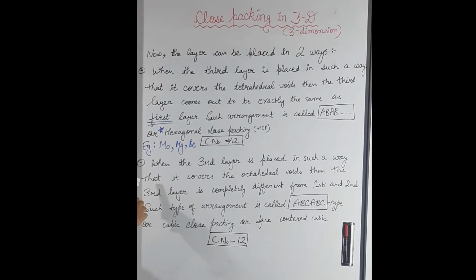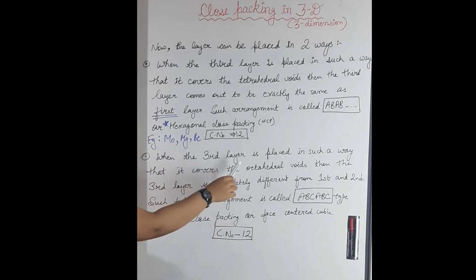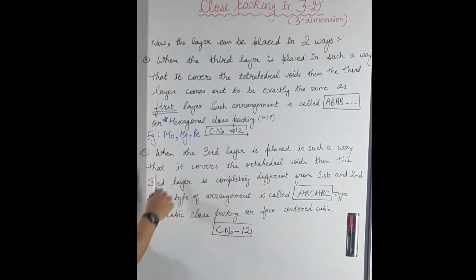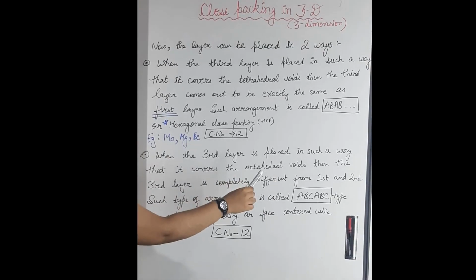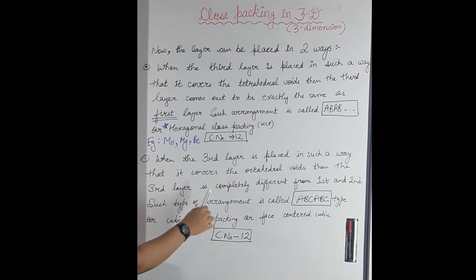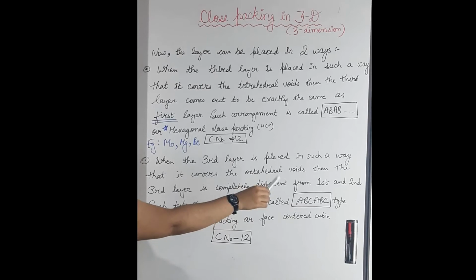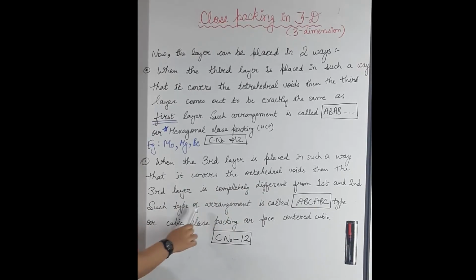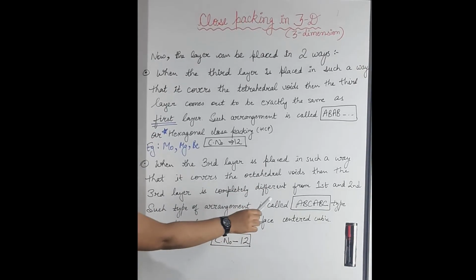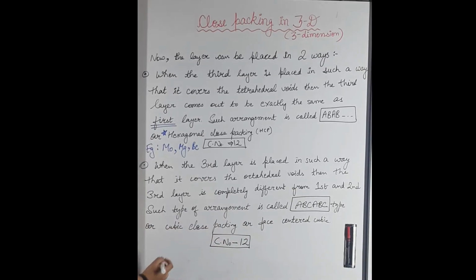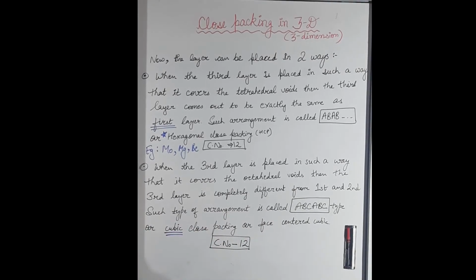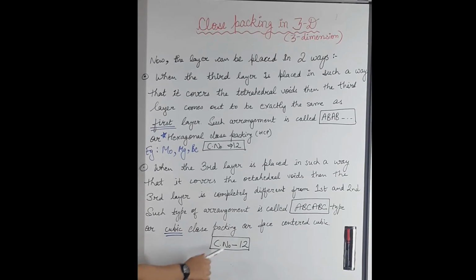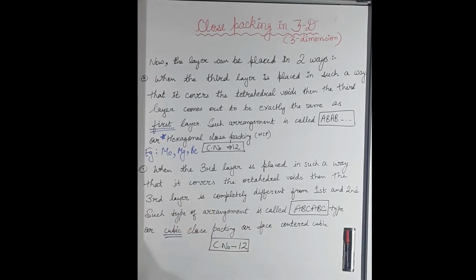And the second way is when the third layer is placed in such a way that it covers the octahedral voids, then the third layer is completely different from the first and the second layer. Such a type of arrangement is called ABC type of arrangement, or the cubic close packing, CCP, or face centered cubic, FCC.